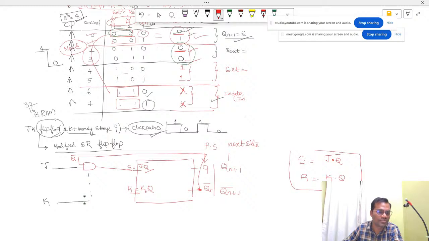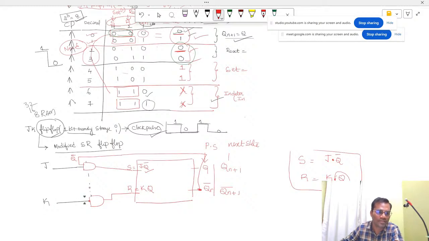Next, what is the value of R? K into Q. Already K is there, but it should be ANDed with Q. If it has to be ANDed with Q, what kind of gate do you have to use, OR gate or AND gate? We have to use another AND gate, connected to this point. Here only K is there, and it should be a product with the Q value.